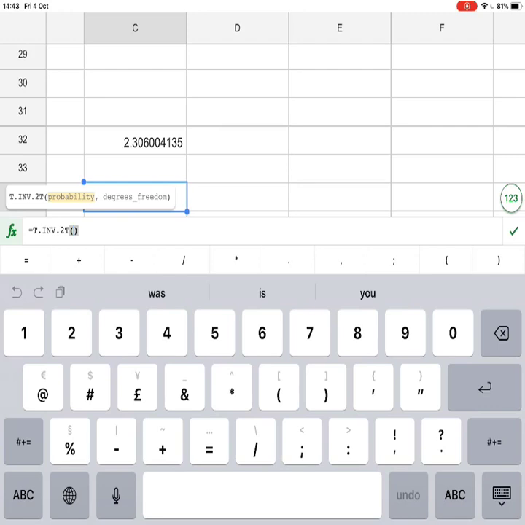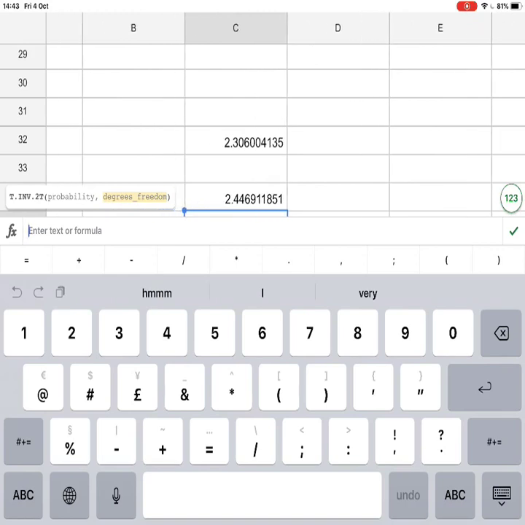What's the significance level? 5%. So that would be 0.05, comma, and we've done sample size of 7, degrees of freedom 6. Let's see what we get. We got, in this case here, 2.447. That's pretty much the same value that we read off the table. Yeah? So you've got two options.